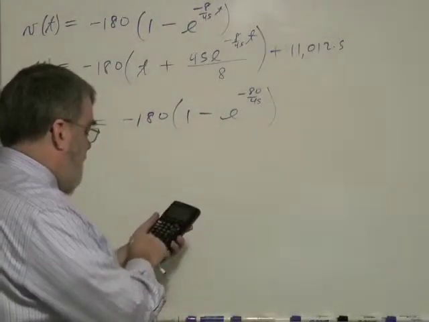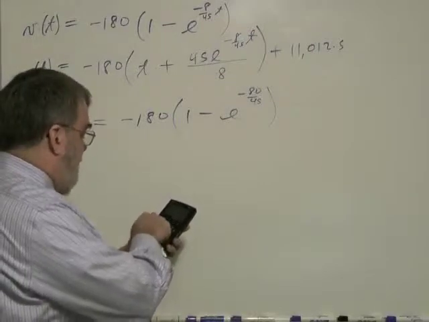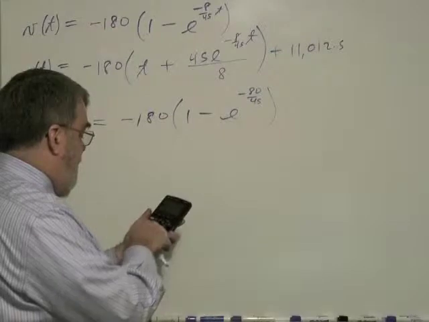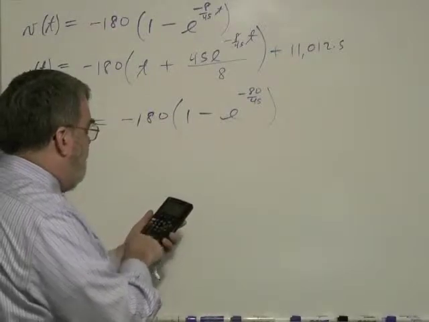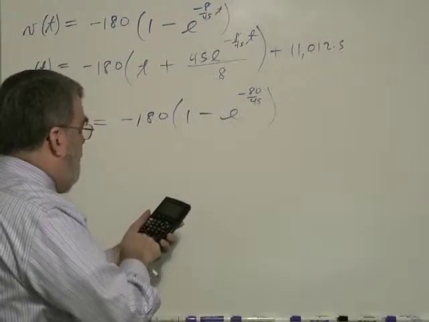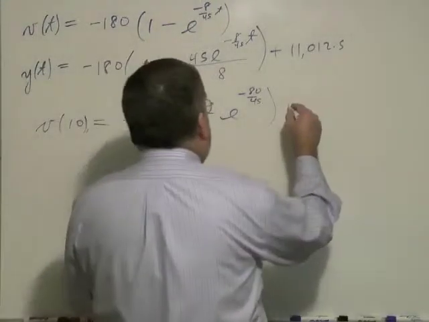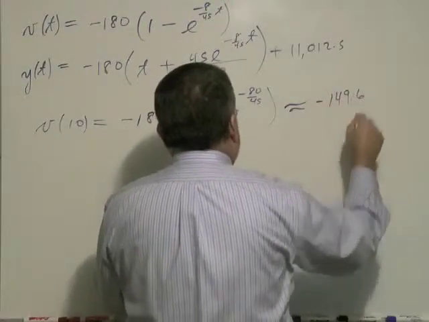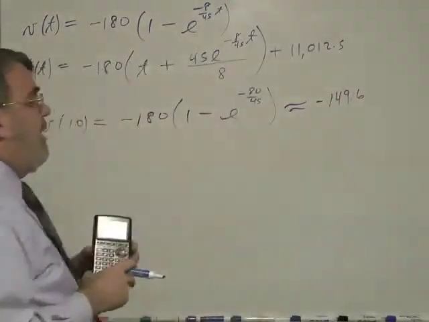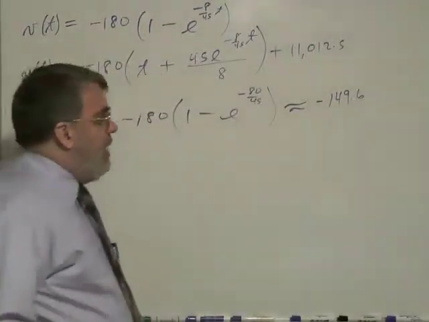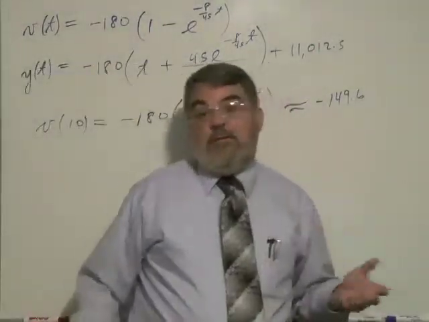So 1 minus e raised to the negative 80 divided by 45, then multiply by negative 180 is about negative 149.6. So the negative again just means it's going down, falling. So the velocity is close to 150 feet per second.